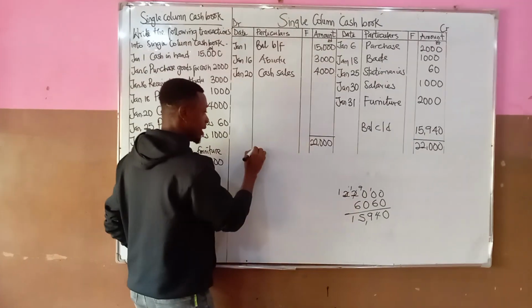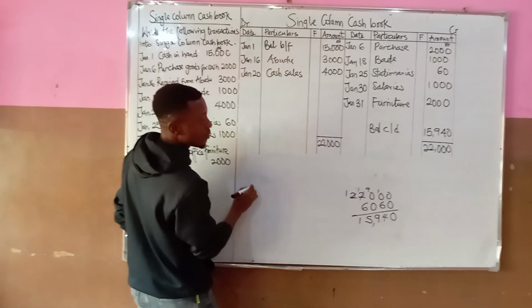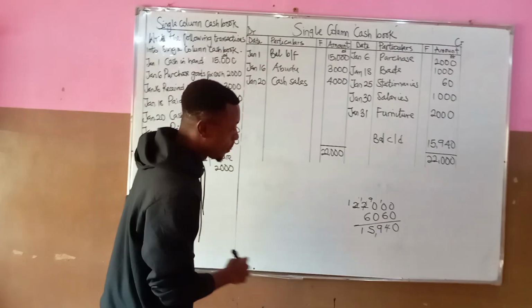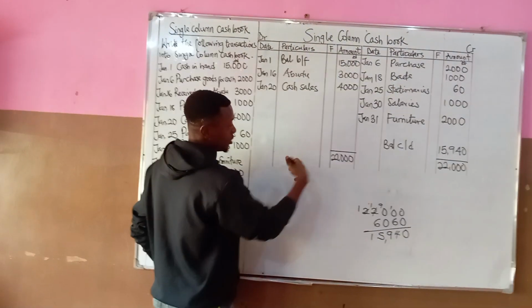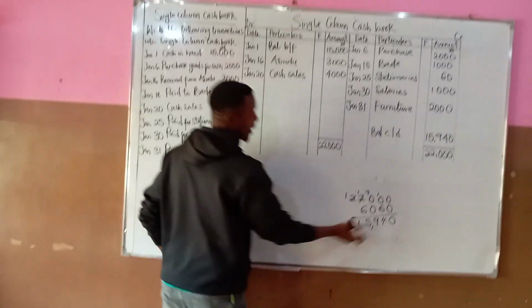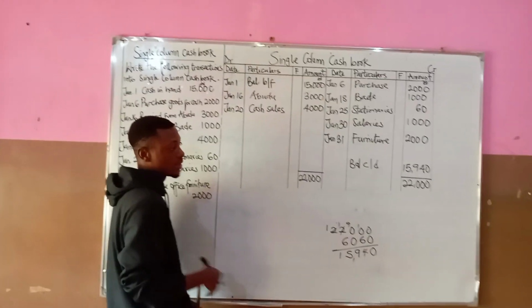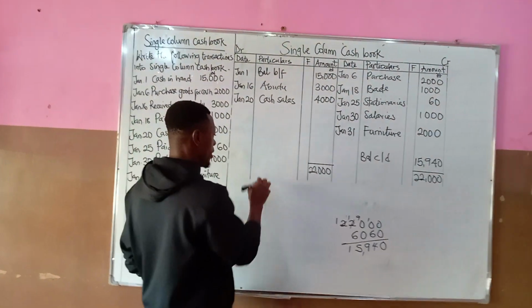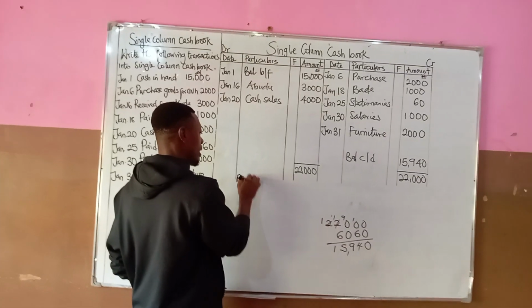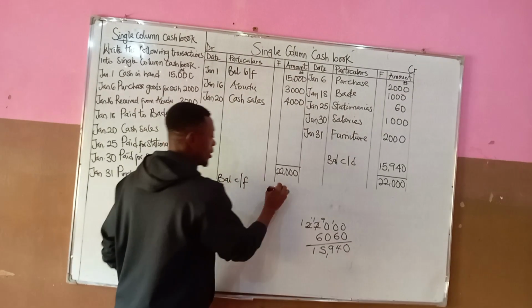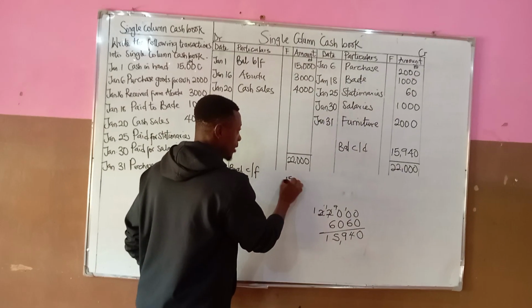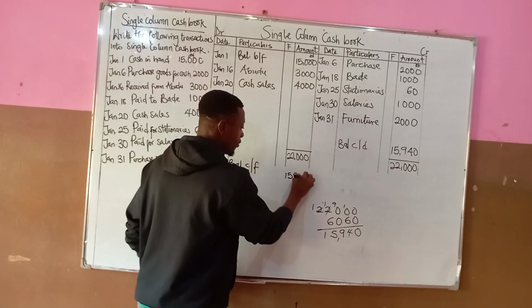Then under this place, we can still bring this balance down here, which is balance carried forward, as 15,940.